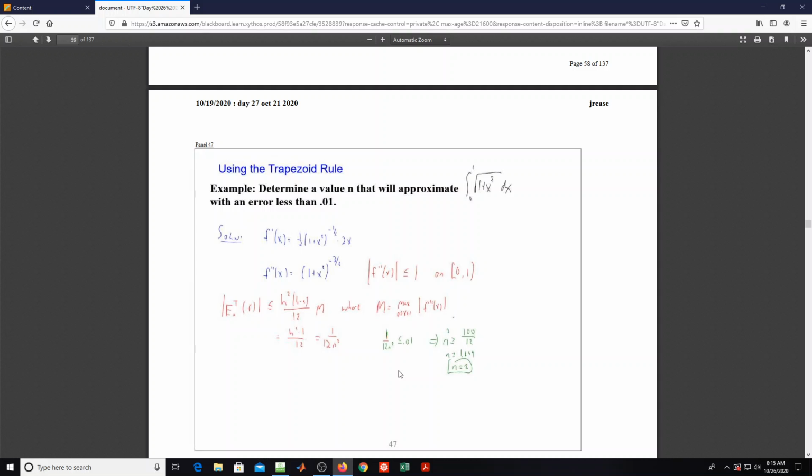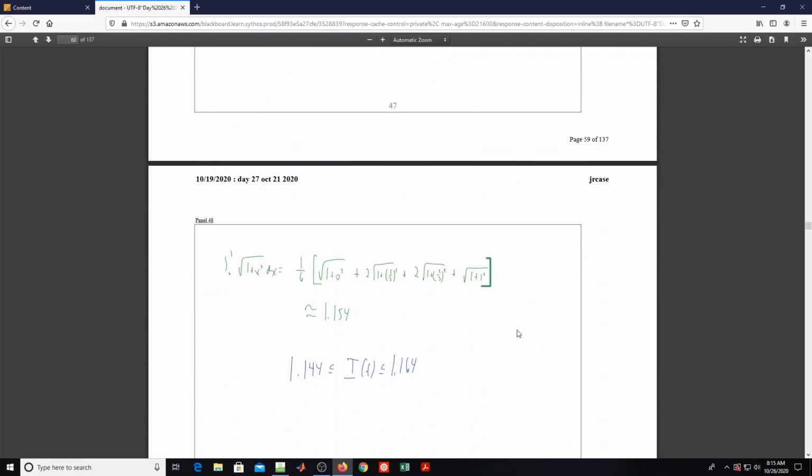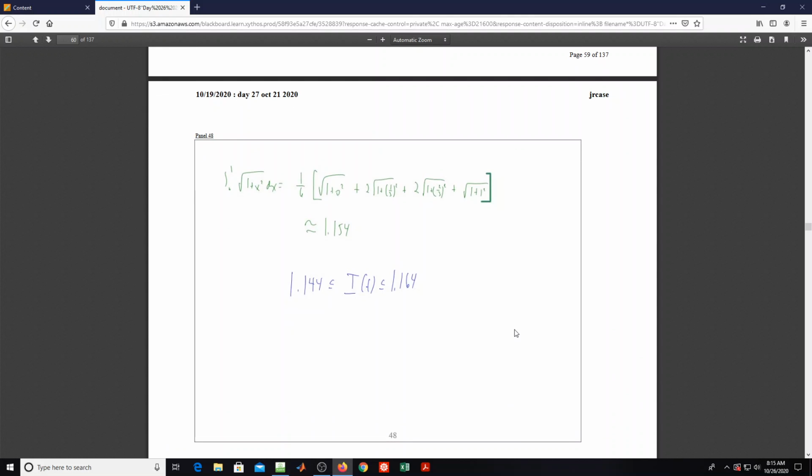Yeah, 2.88. So n should be 3. I'm not sure how I got n equals 2. A different day I get a different answer. That's not good. So I want 3 subintervals.